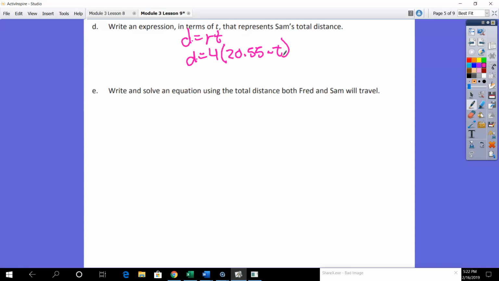Now we're going to write and solve the equation for the total distance.